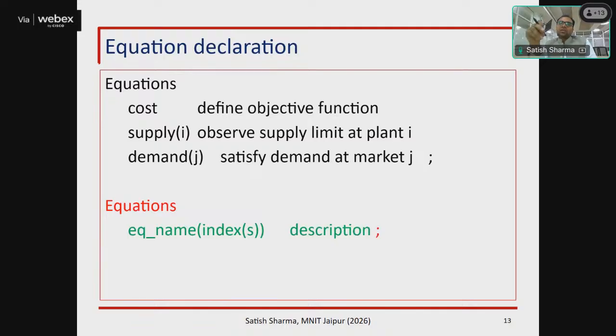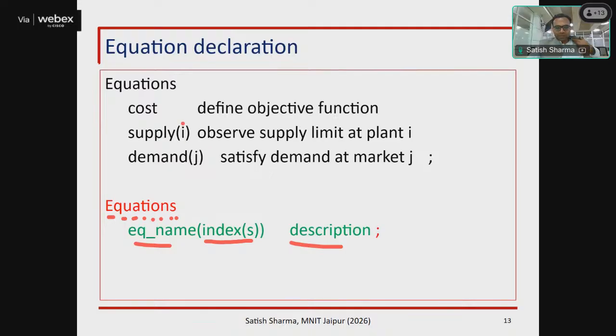The equations have to be declared first and then defined as well. The equation declaration is very simple. We use the command equation, then a user-defined name for that equation, and the different indices for which we have to write down this particular equation. And the description is again optional, you either provide it or not.